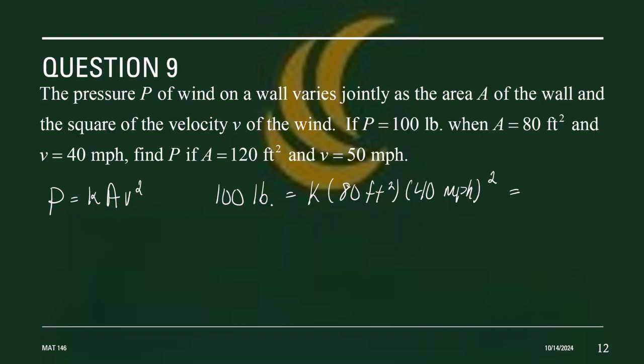So 80 and 48, 128. And it was 100 times 10, so 3 zeros. Feet squared times miles per hour squared.